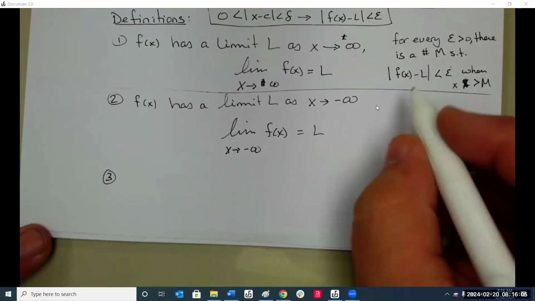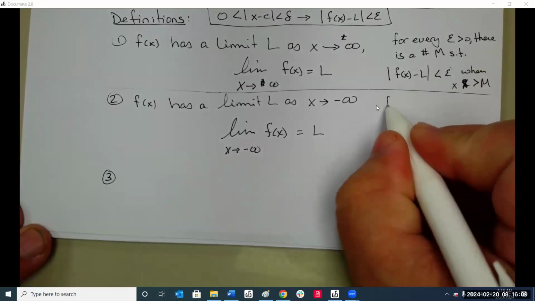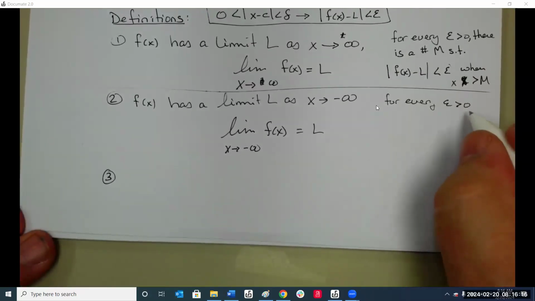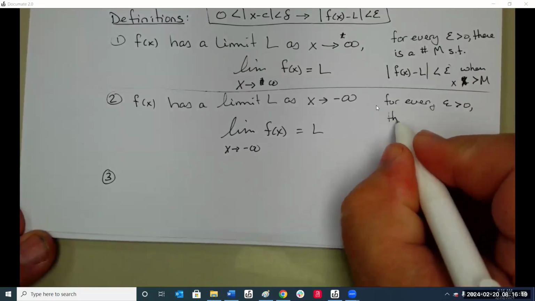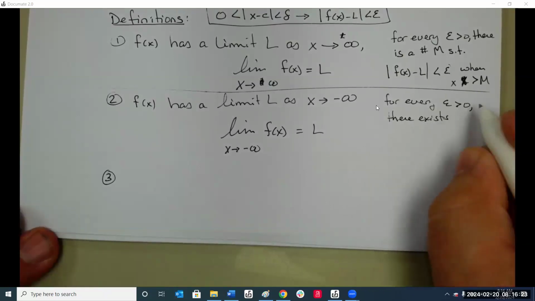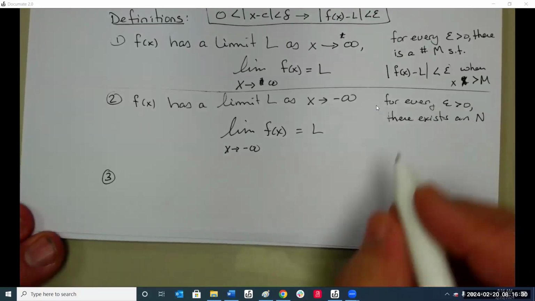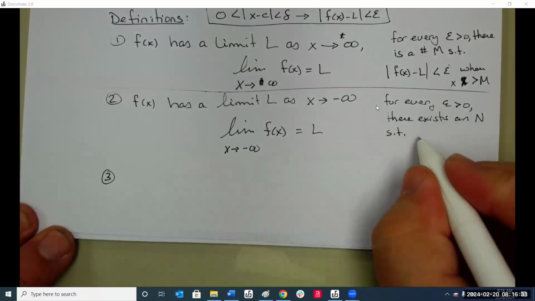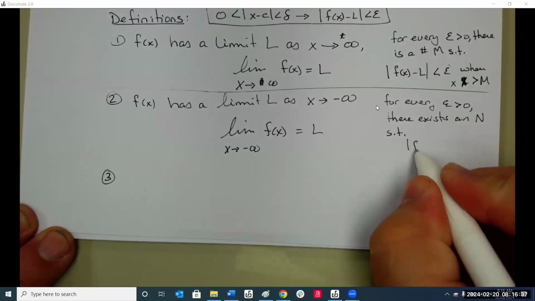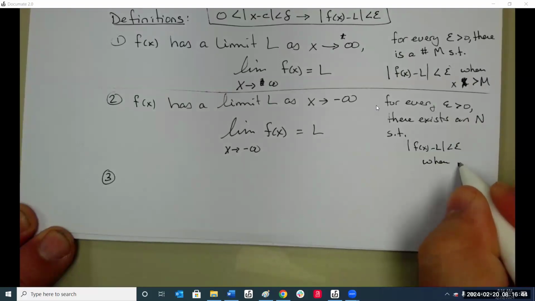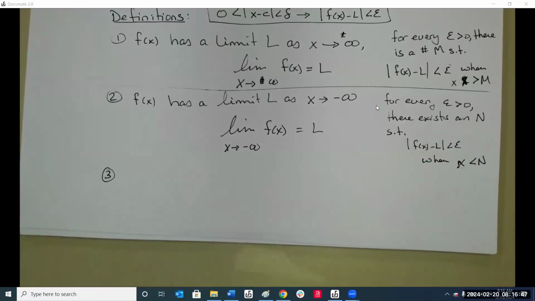So literally it's going to be the same thing for the second one. For every epsilon greater than 0, there exists a number n, any number n, such that... Let's get to an example.